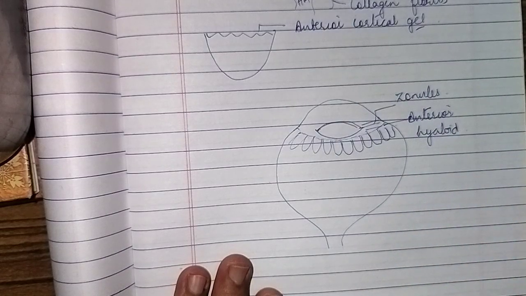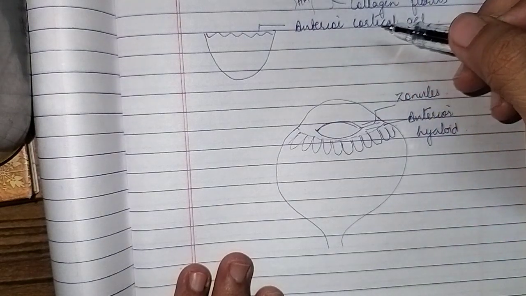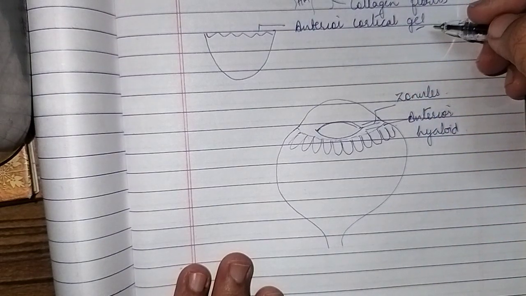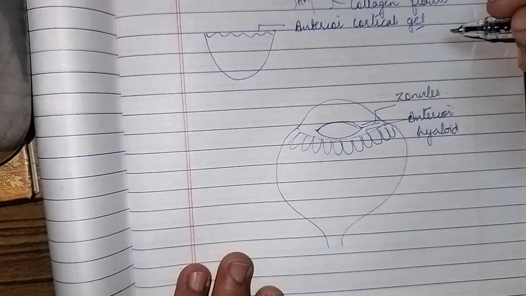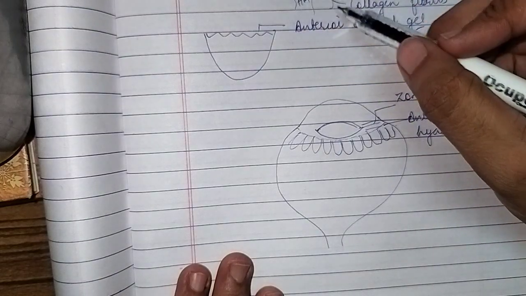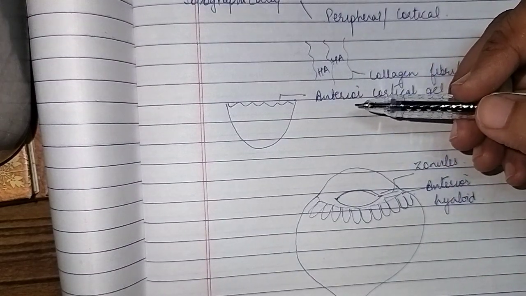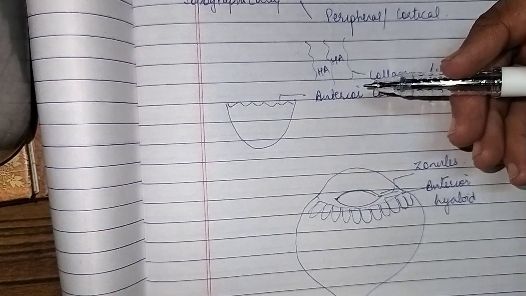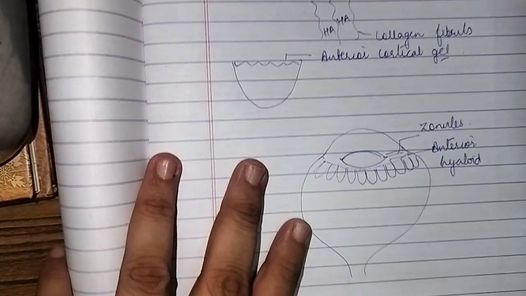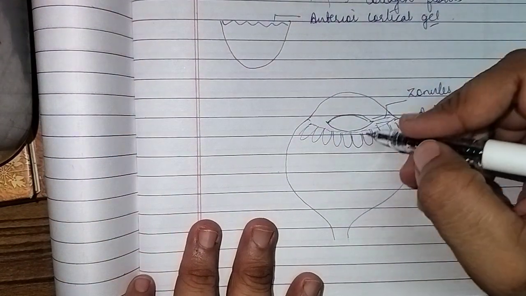So now, we were talking about the anterior cortical gel, or the anterior surface of the vitreous. Now what happens is the collagenous fibers which were forming some part of the vitreous condense and attach to the posterior lens capsule.